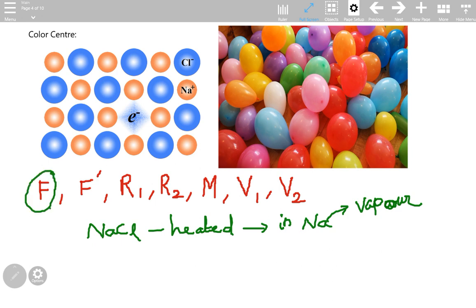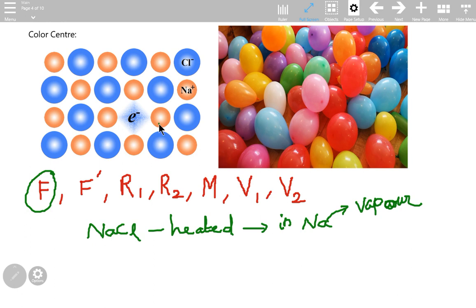So what is F center? This above picture depicts a kind of F center. It is not an actual F center. You have an NaCl crystal which we heated in a sodium vapor.